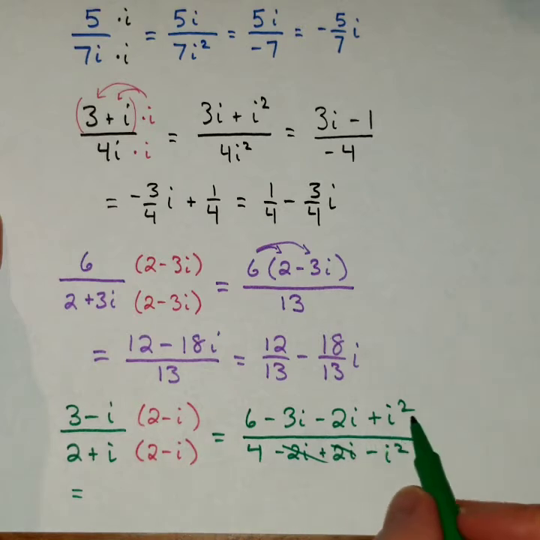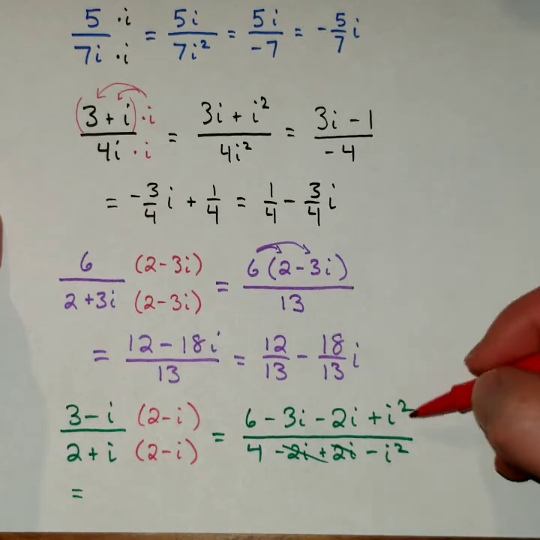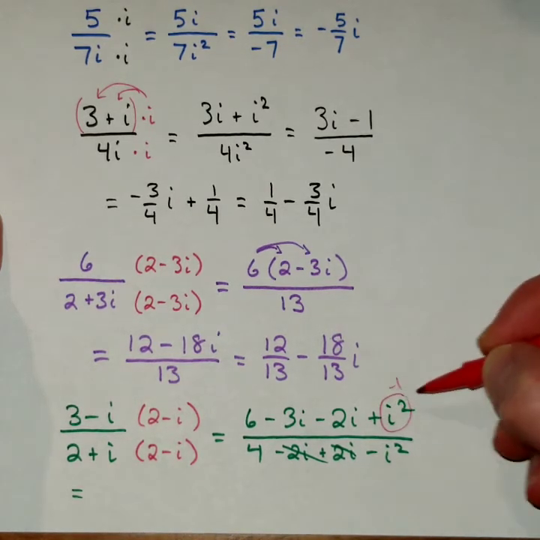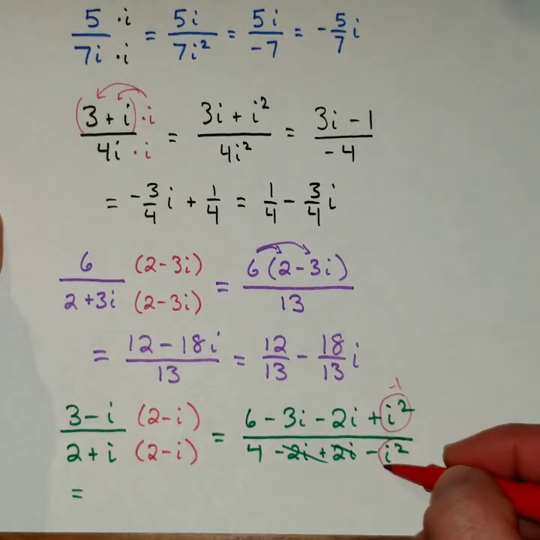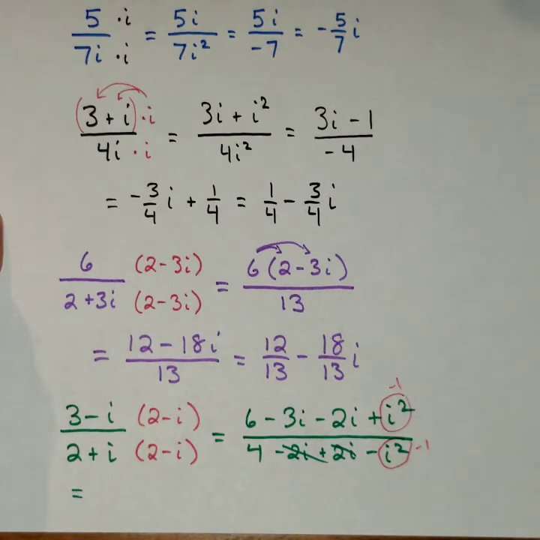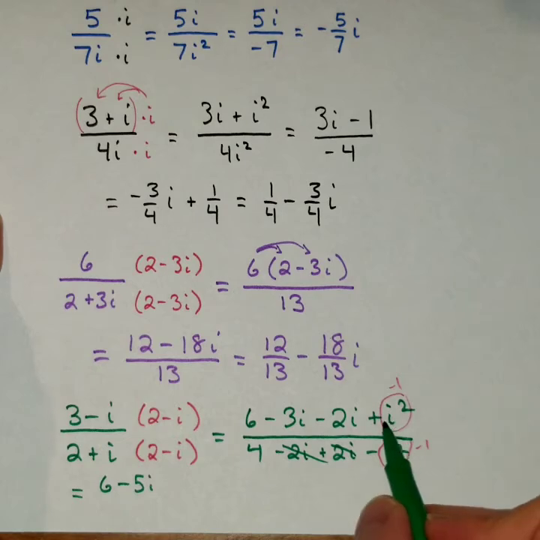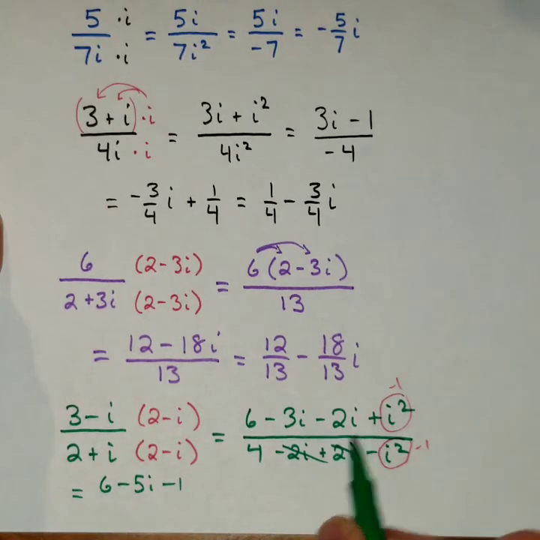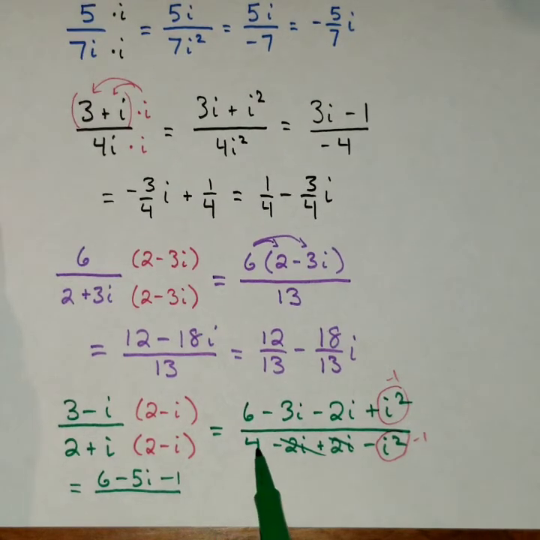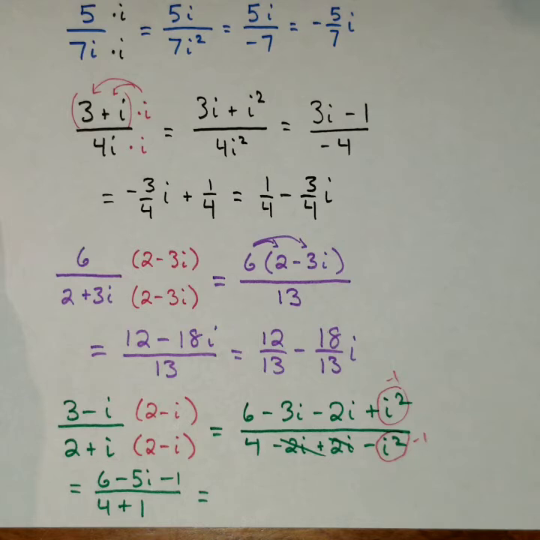If I simplify this on top, this guy here is a negative 1, and this guy here is a negative 1. And so I really have, let's see, 6 minus 5i when I combine those. This is a minus 1. And on the bottom, still have the 4. And here's a double negative. A negative and a minus 1 makes a plus 1.